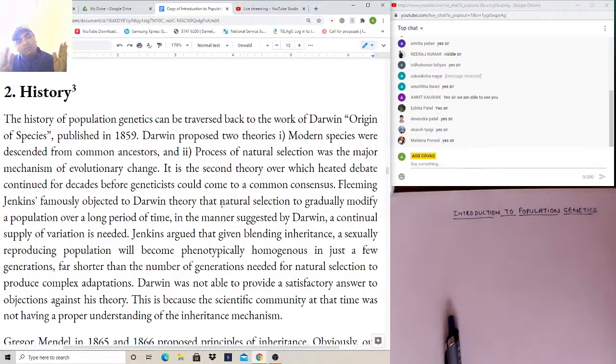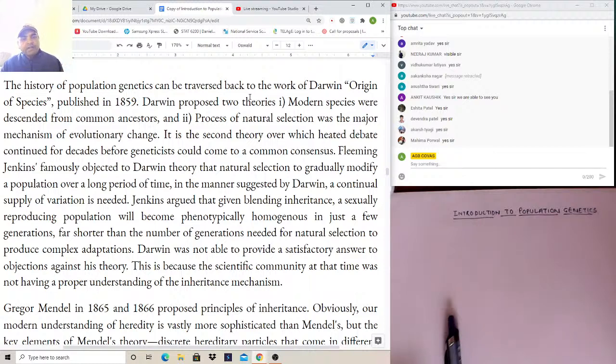So I will start this history from the Darwin period. The history of population genetics can be traced back to the work of Darwin. You all know that Darwin published in 1859 one of his remarkable collections of reports in the form of a book, which he named Origin of Species. In it Darwin proposed basically two theories.